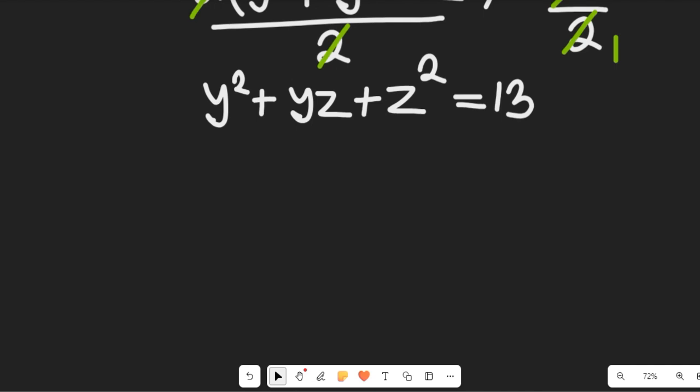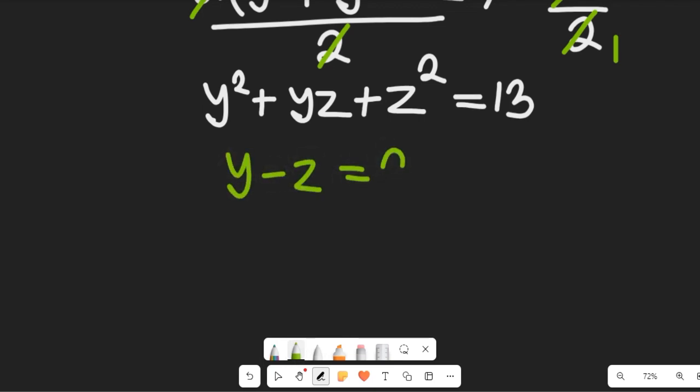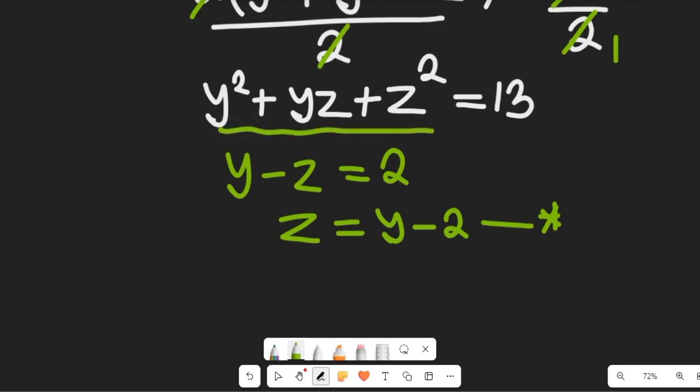So if from equation 1 we find out that y minus z is equal to 2, and we make z the subject of formula, we find out that z will be equal to y minus 2. So if z is equal to y minus 2, we're going to substitute the value of z equal to y minus 2 into this expression given to us.